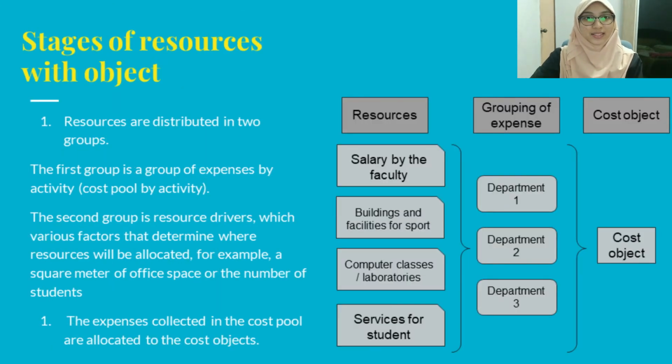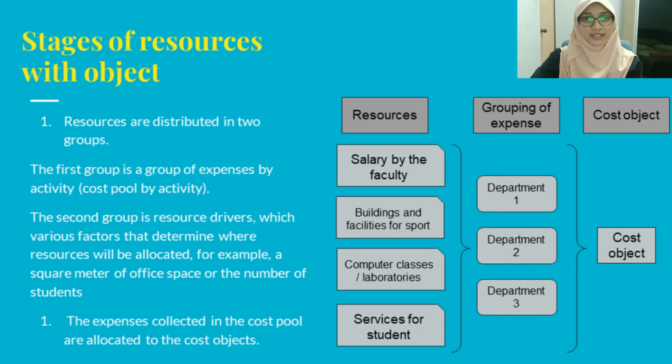Next, the ABC method associates resources with objects through two stages. At the first stage, resources are distributed into two groups. The first group is a group of expenses by activity, which is the cost pool by activity. The second group is resource drivers, which are various factors that determine where resources will be allocated, for example, a square meter of office space or the number of students.